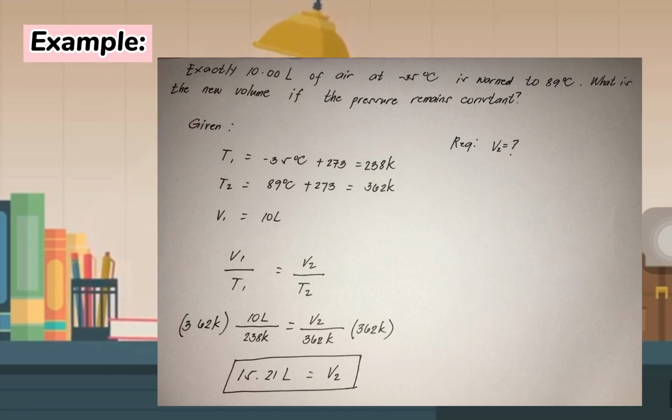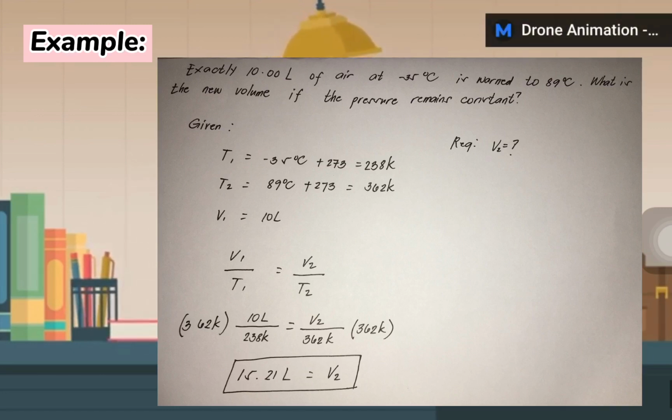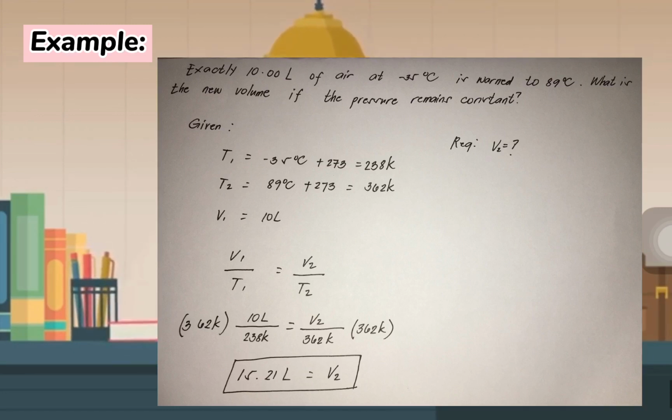Remember that we are finding the volume 2, so we will use our formula V1 over T1 equals V2 over T2. So substitute, we have 10 liters over 238 Kelvin equals V2 over 362 Kelvin. To find the volume 2, we need to cancel out the 362 Kelvin.